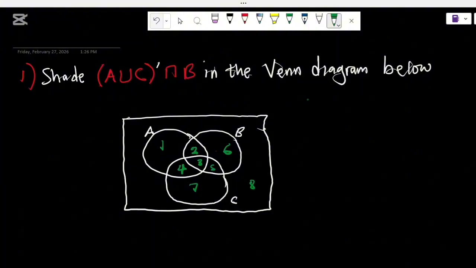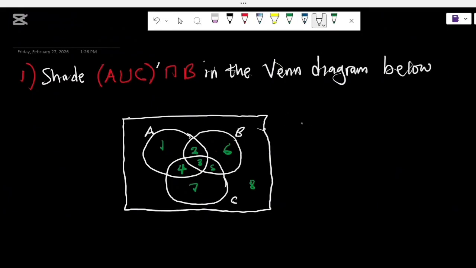So when you look at these numbers, I think by this time you can write what A intersection B is, A intersection C is, or B intersection C, or A union B, B union C, or A union B union C, something like that. You can write that.